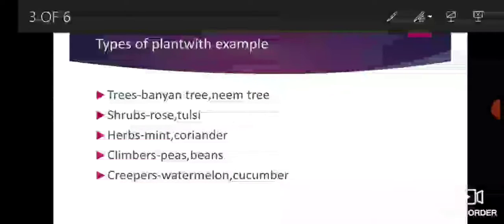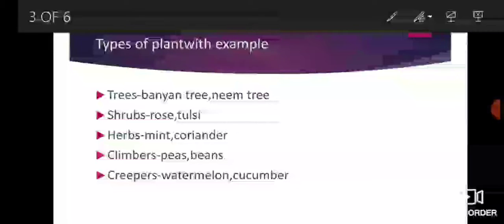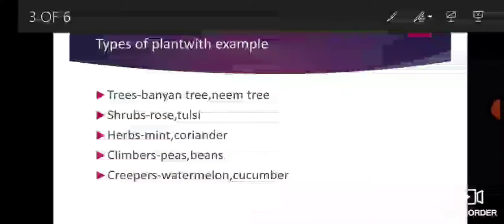Next are creepers. Creepers are those plants that also have a very thin, green and soft stem. They cannot stand erect, so they do not climb. Instead, they spread on the ground.